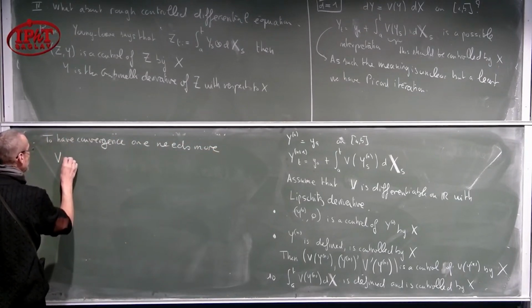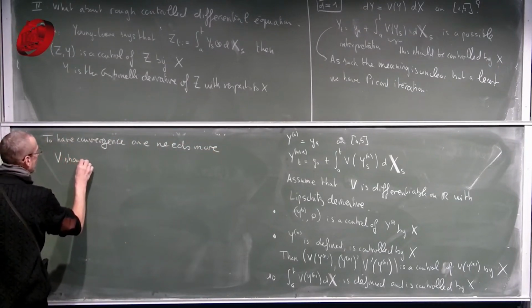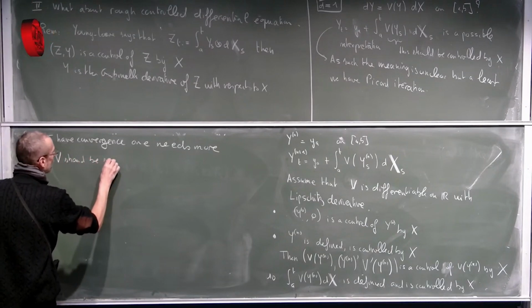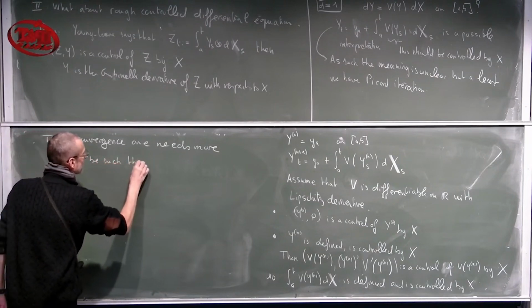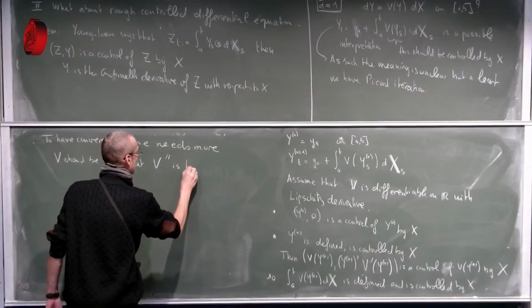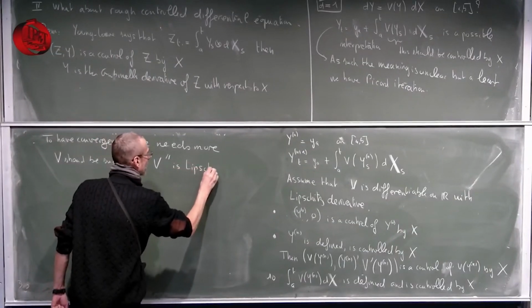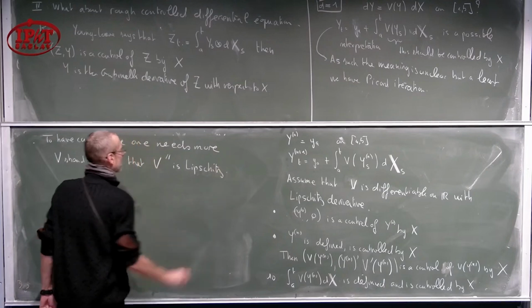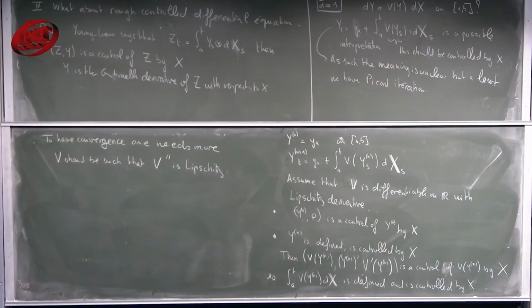V should have two derivatives, and the second derivative should be Lipschitz.